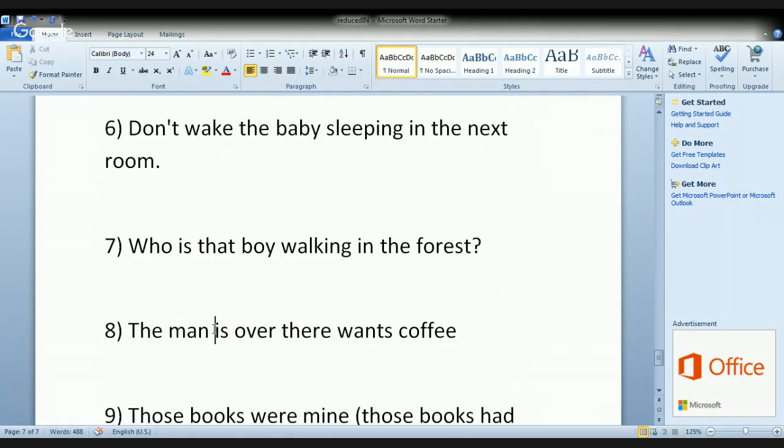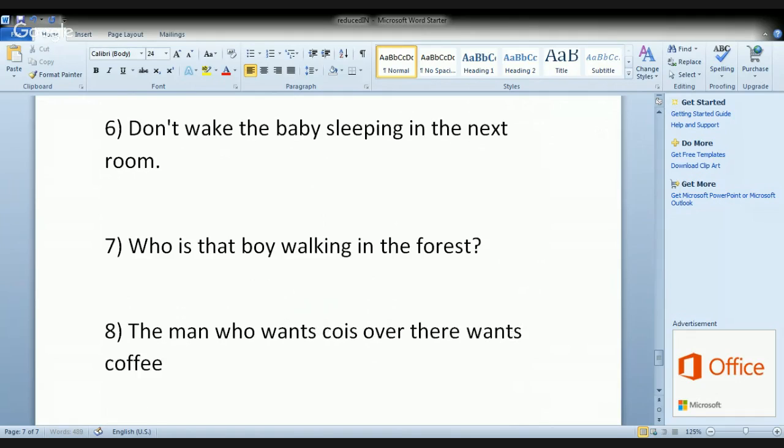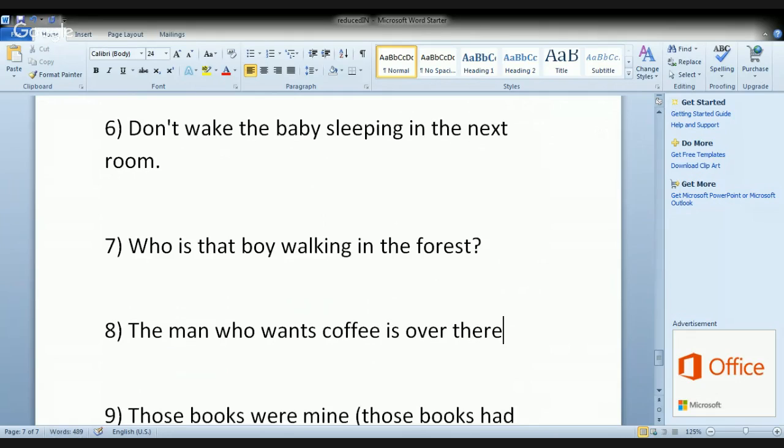The man who wants coffee is over there is our original relative clause sentence. The man wanting coffee is what we're going to do. So we'll take out the relative clause and take our main verb and add an ing. The man wanting coffee is over there.